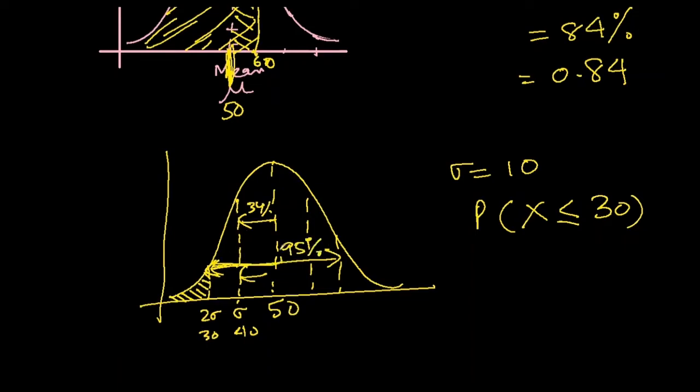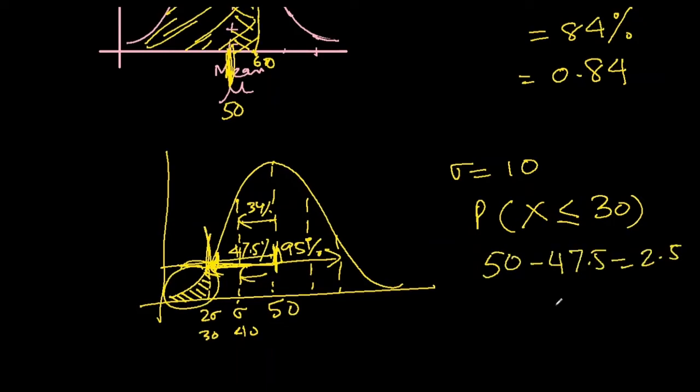So half of it, which is this one, will be 47.5%, right? From here till here. And the total is 50% below the mean. So that means this small area will be 50 minus 47.5, which is 2.5%, or the probability will be 0.025.